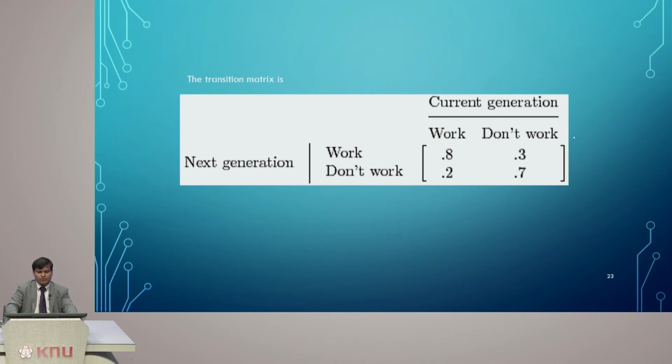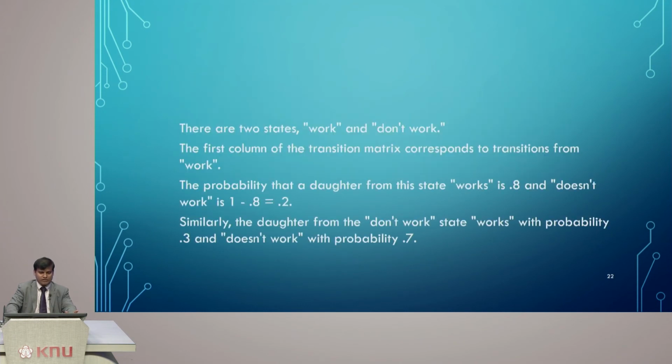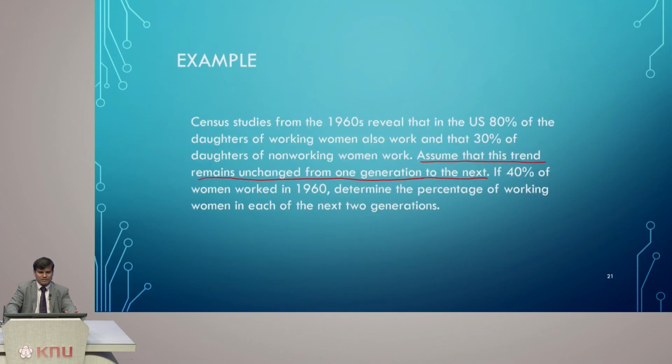For this, we have to find the initial distribution or initial conditions. From this problem, we can see that 0.4 and 0.6 are the initial conditions. If you like, I can just go back a little bit and show what was given to us. It is given that 40% of women worked in 1960, determine the percentage of working women in each of the next generations.